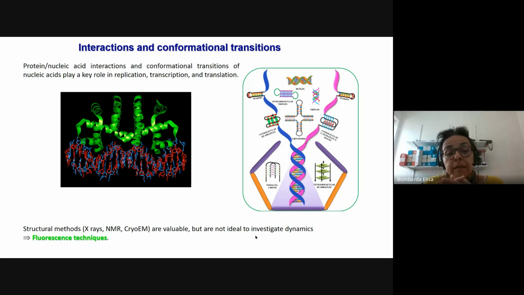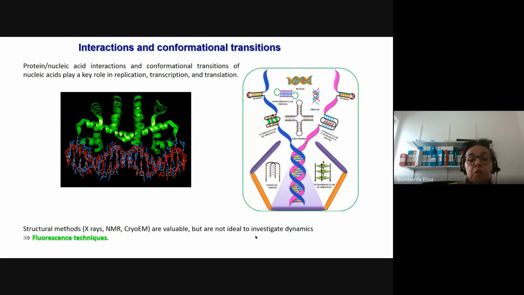In this respect, fluorescence techniques may help, and that's why we are here. That's why we want to know more about fluorescence, and also how we can use fluorescent molecules to study these mechanisms, and which fluorescent molecule can be used for one purpose or the other.